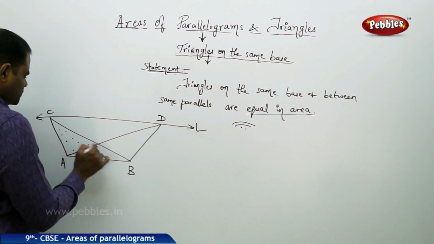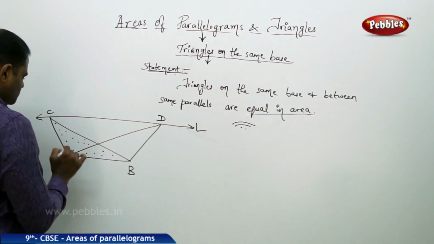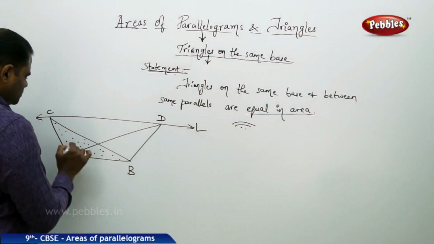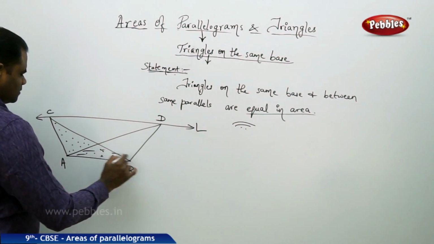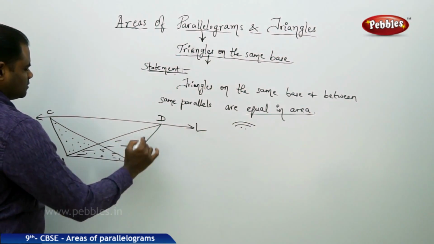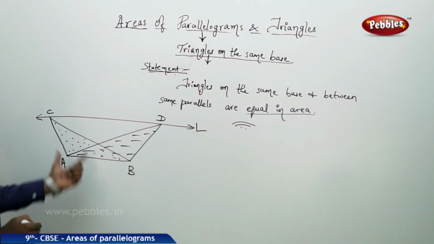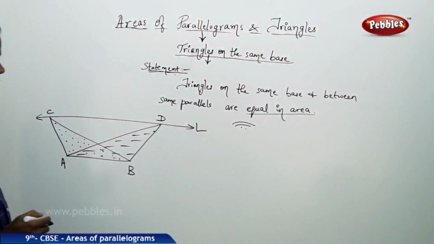So the area of this triangle must be equal to the area of this triangle, is how we understand the areas.